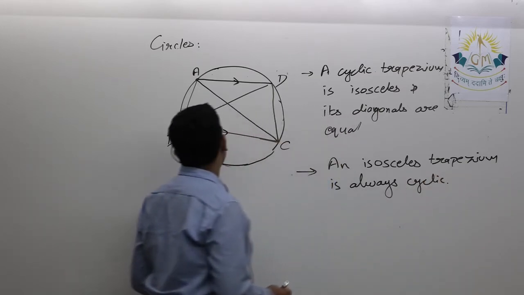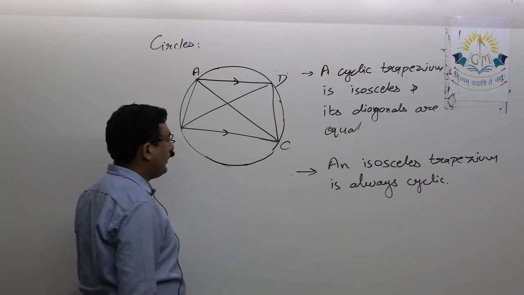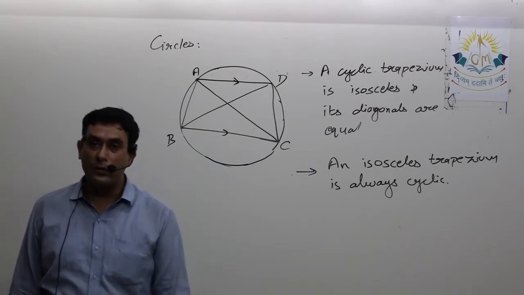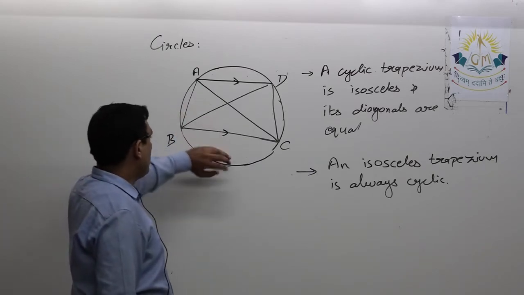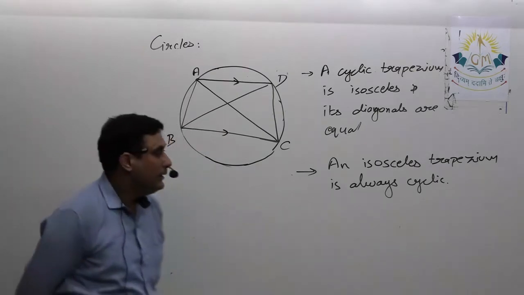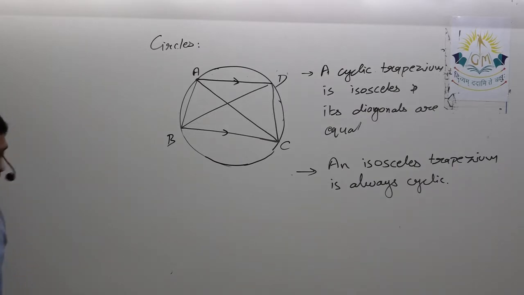Okay, that means if I say AB equal to DC, then definitely that trapezium will be cyclic. That means all its 4 points will lie on the circle, or I can say sum of its opposite angles will be 180 degree. Okay, so here all theorems get over.